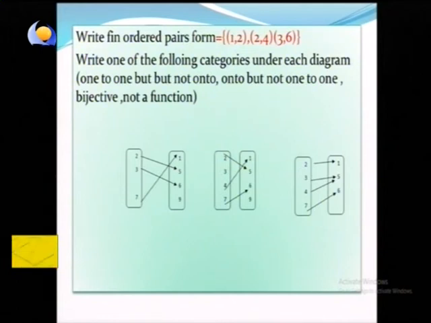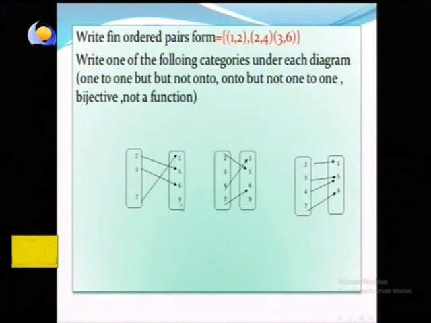If I want to know if it is a function or not, I have to look at the domain. All elements of the domain should be connected, and each should be connected to only one element. There's no element mapped to two.